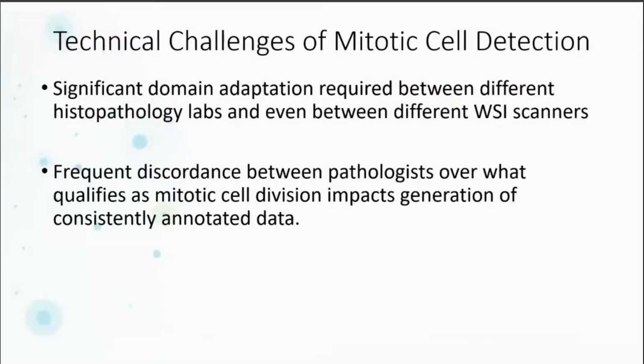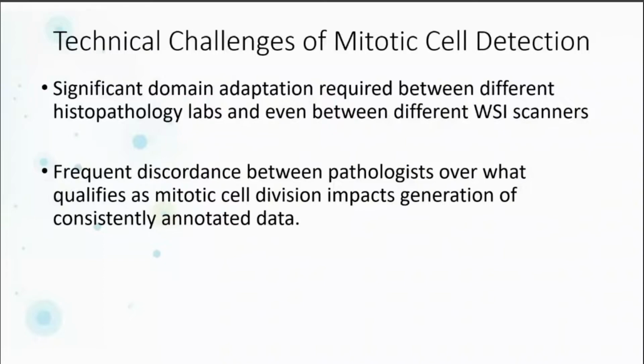Additionally, there's significant domain adaptation required between the processes at each laboratory. I highlighted briefly at the start what the histopathology process looks like, and each of those steps can introduce variability into how the tissue appears to the pathologist. And even more significantly can be the brand and technique that's used for scanning that slide into a whole slide image scanner.